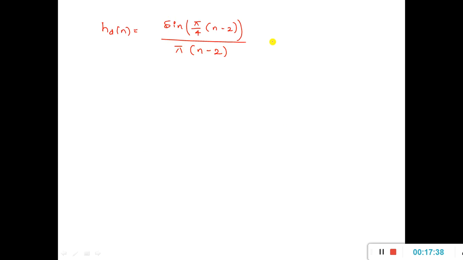So this condition is true if and only if n is not equal to 2, right? This condition is true if and only if n is not equal to 2.